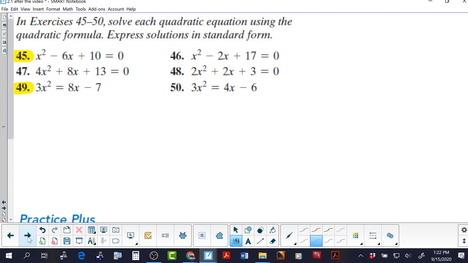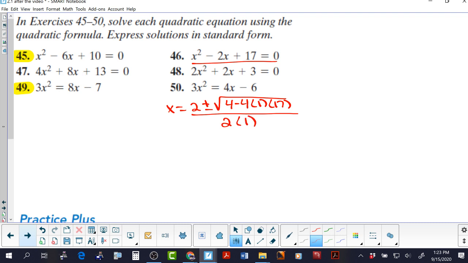Solve each quadratic equation using the quadratic formula. Express solution in standard form. How about, let's go with 46 here. x equals 2 plus or minus square root of b squared minus 4 times a times c all over 2a.